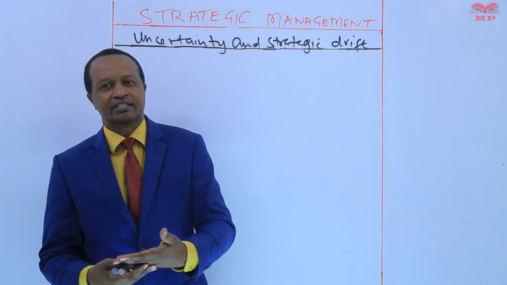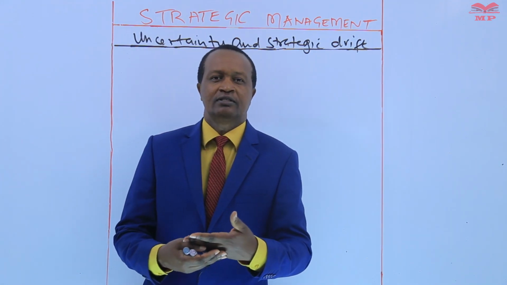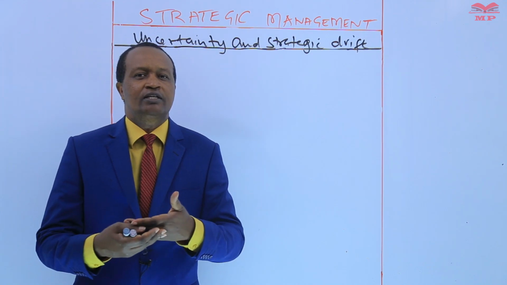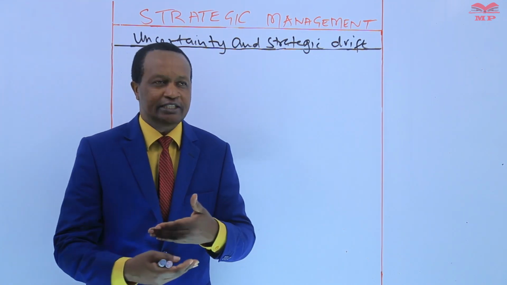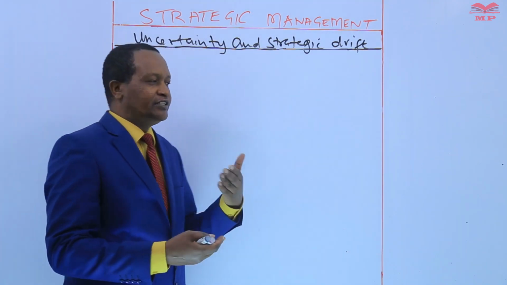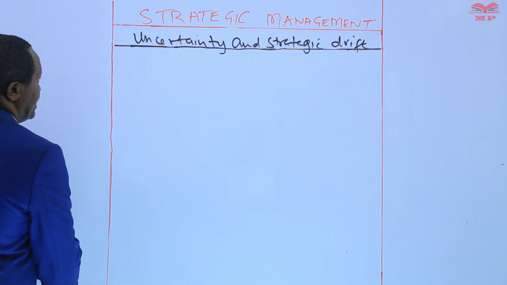So uncertainty in the context of strategic management refers to the unpredictability or lack of predictability and difficulty in forecasting future events. That is the meaning of uncertainty.